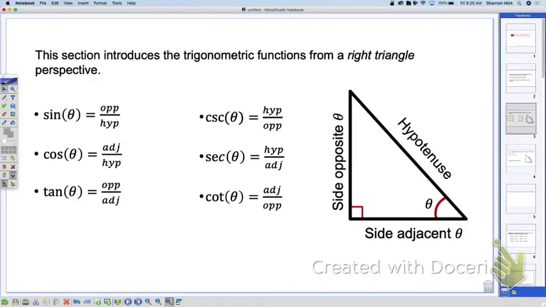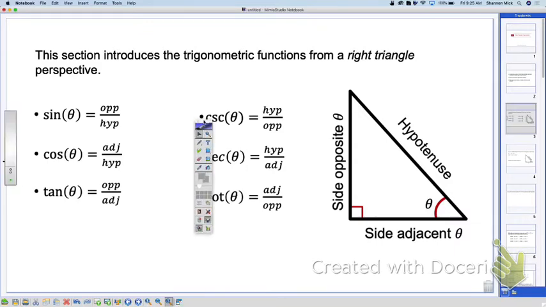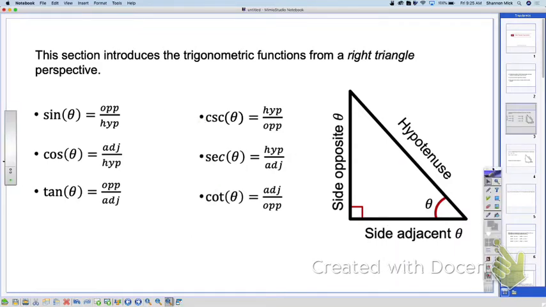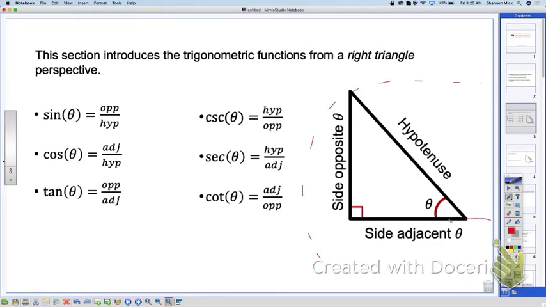Okay, sine. I told you yesterday what sine was, and you didn't write it down, but now you got to write it down. Sine was y over r, correct? It is opposite over hypotenuse. If I put this triangle in a circle, and this is the x-axis, isn't the opposite of this angle the y?